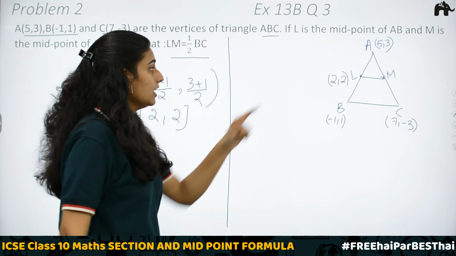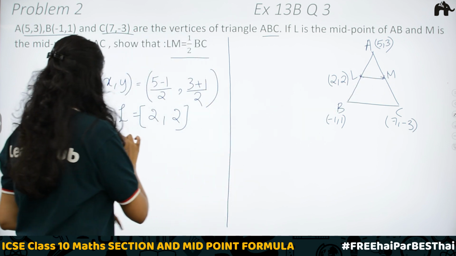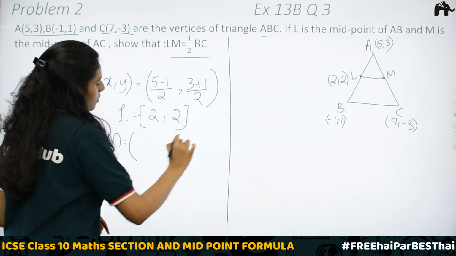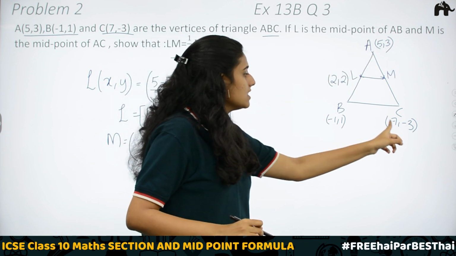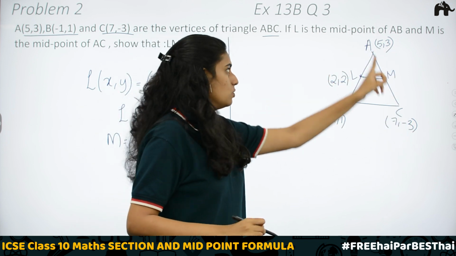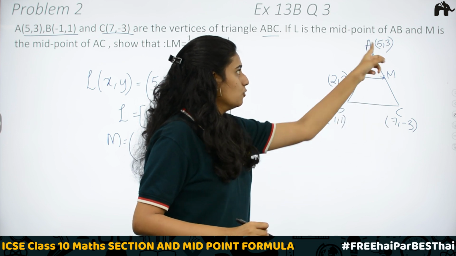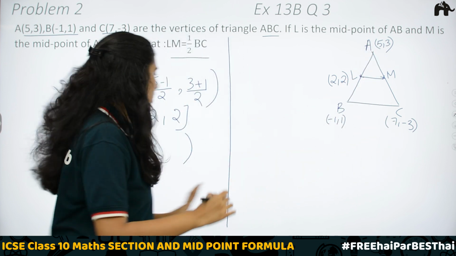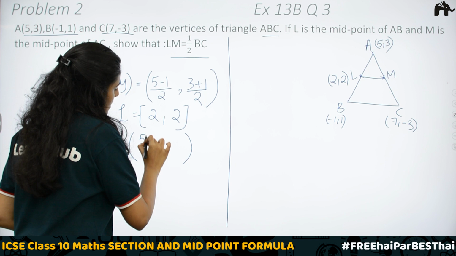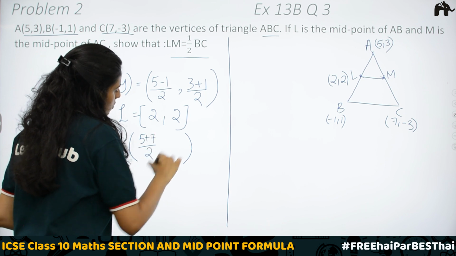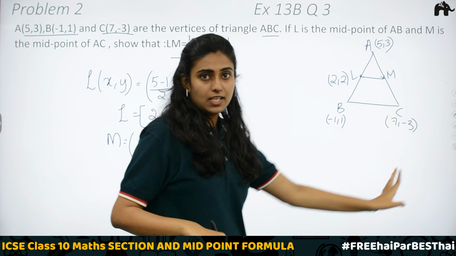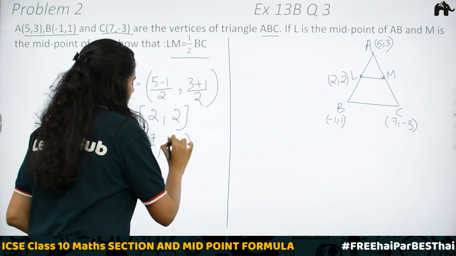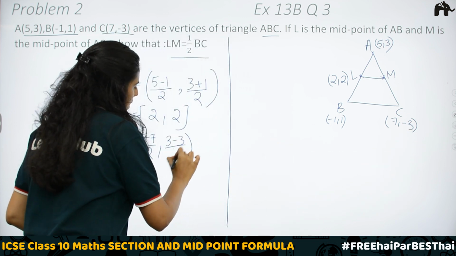Now we need to find the coordinates of M. Similarly, we can find M. M is equal to, here we'll take (5, 3) as (X1, Y1) and (7, -3) as (X2, Y2). X1 plus X2, 5 plus 7 divided by 2. Y1 plus Y2, 3 plus -3, 3 minus 3 divided by 2.